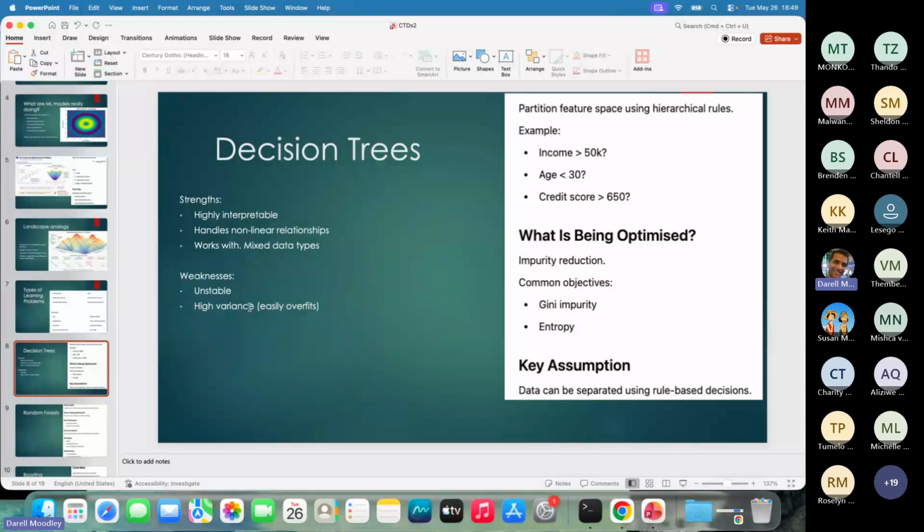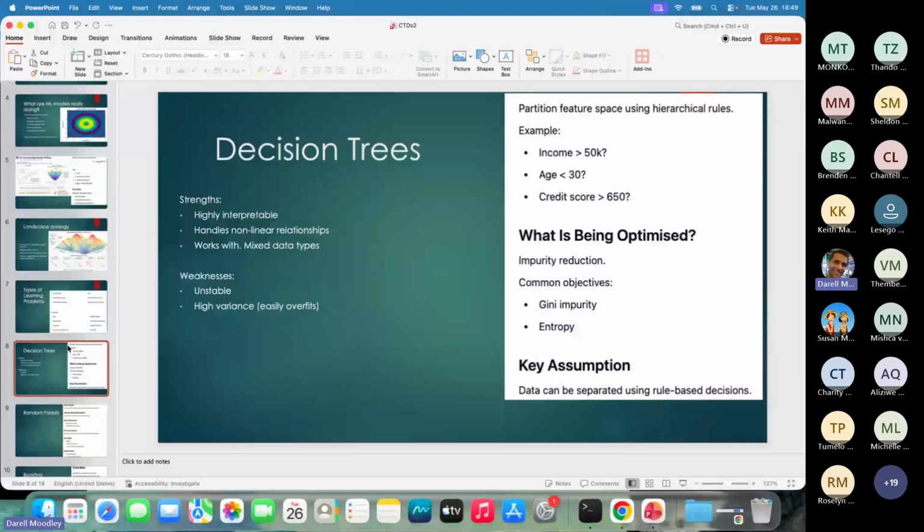So these models have a tendency to do that if you don't tune them properly. By tuning, I mean carefully selecting what depth it should have and all the other parameters that this model will use. And that falls under hyperparameter tuning. Okay, so those are its weaknesses.